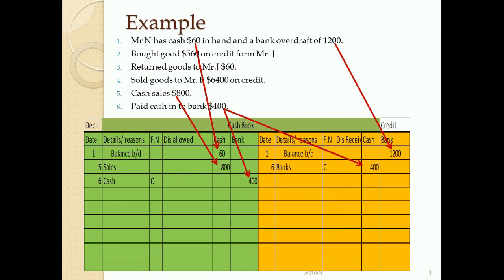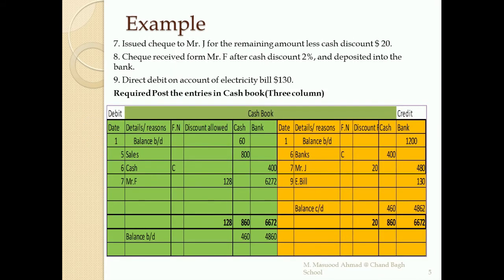And let's see the other transactions as well. Transaction 7, we issue a check to Mr. J for the remaining amount less cash discount of 20. So we have bought some goods from Mr. J and we are now paying, and while you are paying, you received a cash discount of 20. Cash discount is your income.